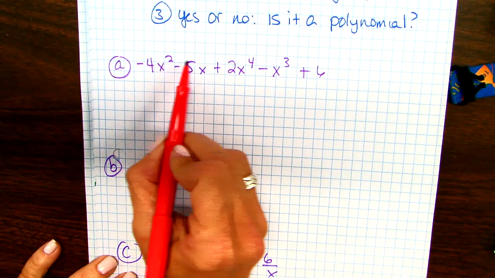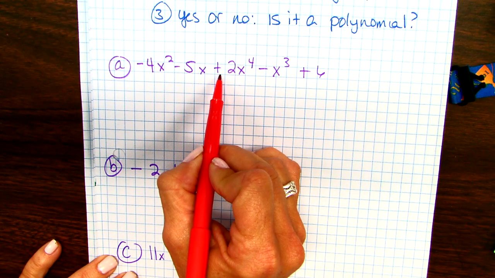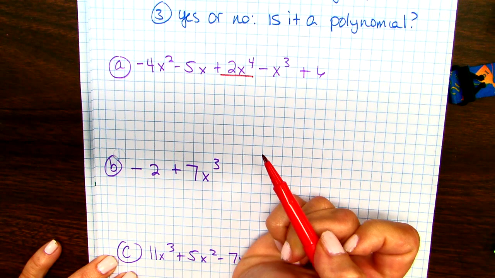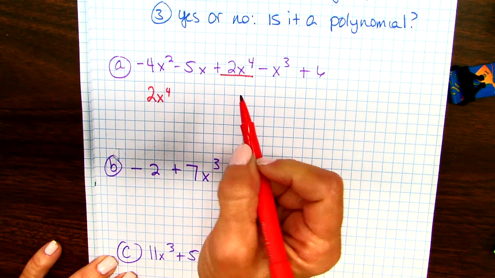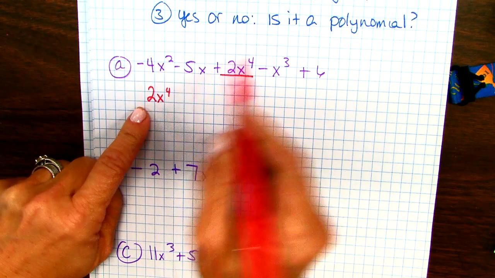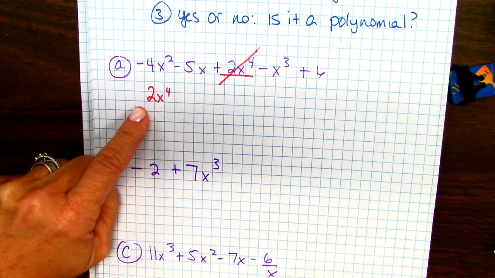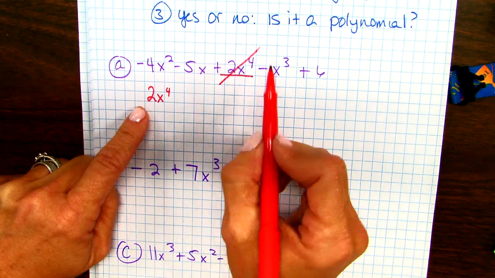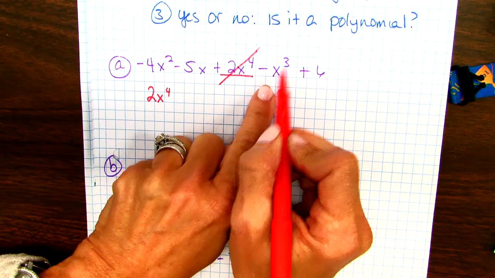So look at all of the powers. We want the biggest power to go first. So that's going to be the 2x to the 4th, right? That would go first. Again, I'm looking at the exponents, not the numbers in front. So 2x to the 4th would go first. Then what would go next? Minus x to the 3rd. Remember, if a sign is in front of something, it stays with it.